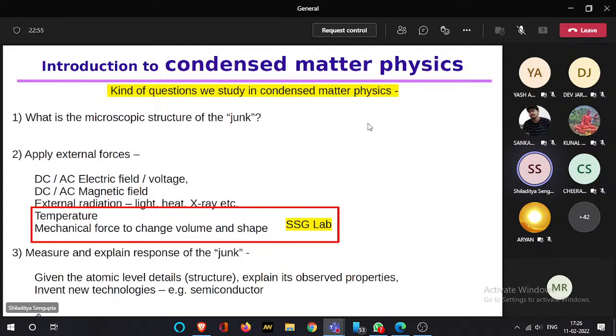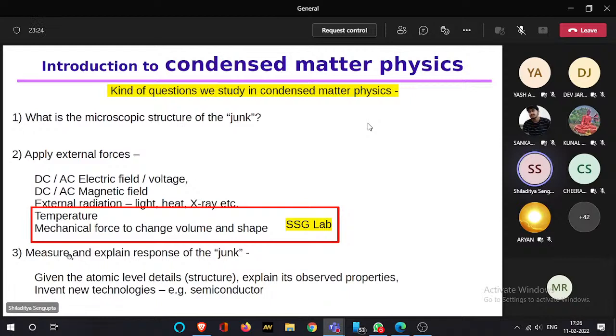Suppose you heat the material and supply a certain amount of heat; the response will be the change in temperature. If you supply the same amount of heat energy, the rise in temperature will depend on the specific heat of the material, so that will be different for different materials.